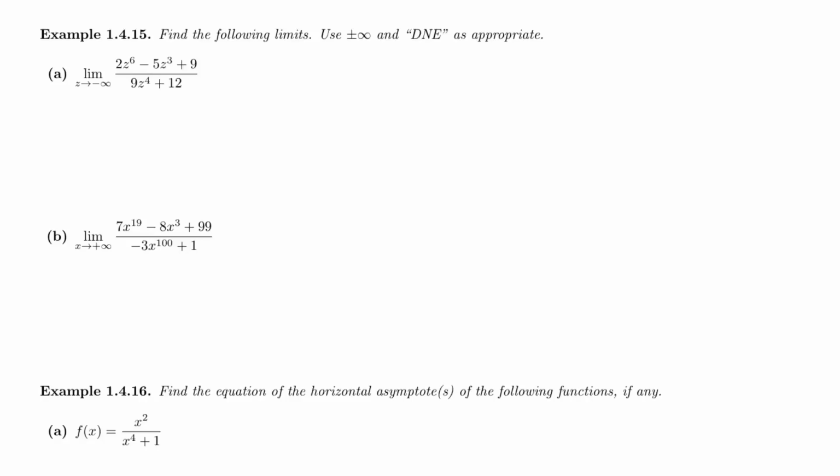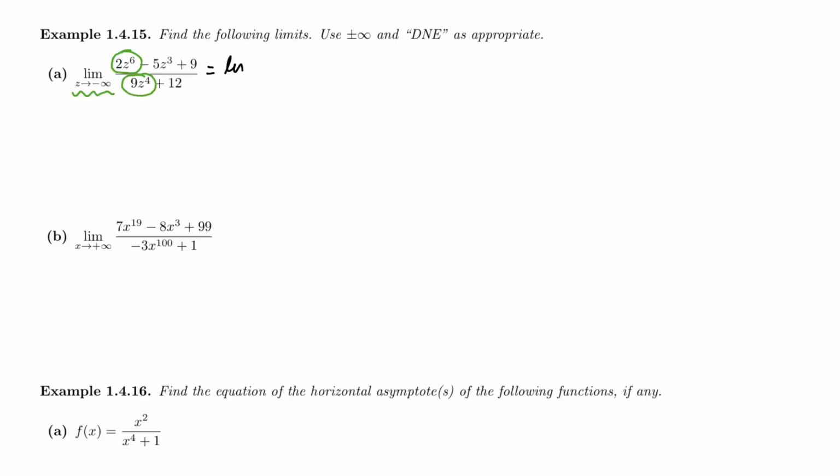Seeing an answer, I'm seeing a positive infinity. I'm assuming that one is for the first one. So let's work through that first one. We do have z going to negative infinity, and this is a rational function, so we can just eliminate all but the highest power on top and the highest power on the bottom.